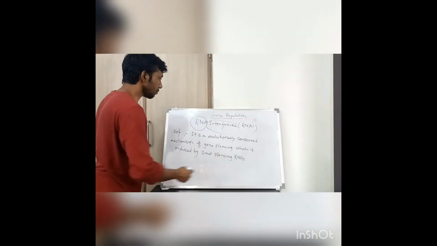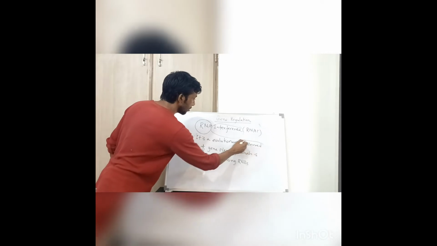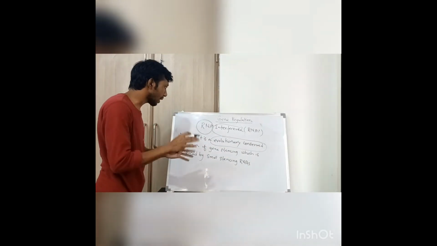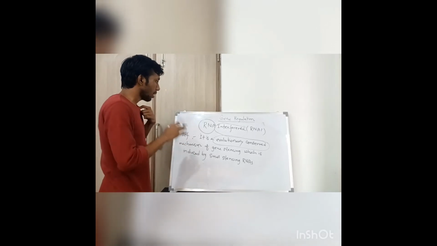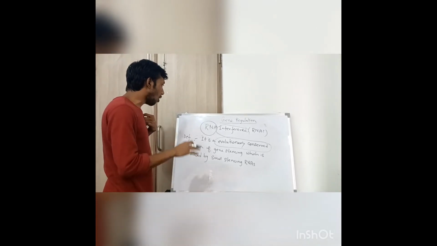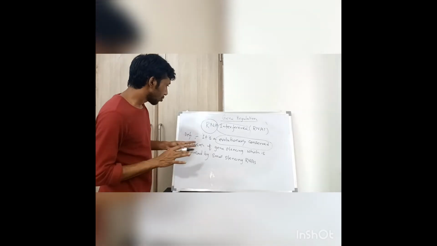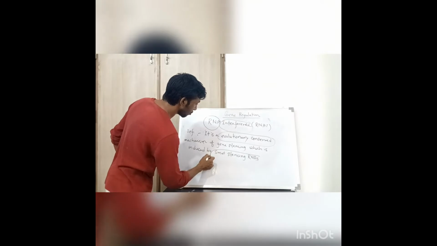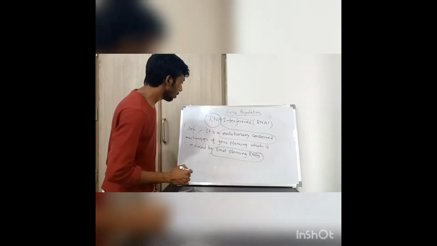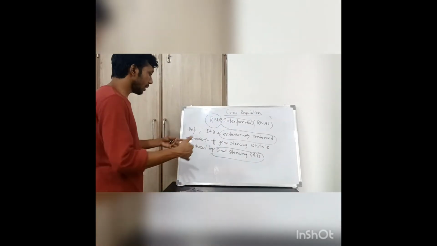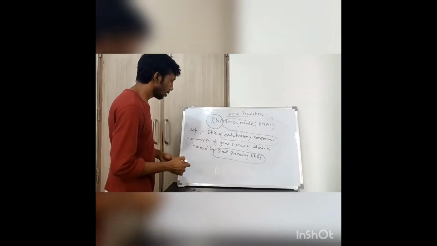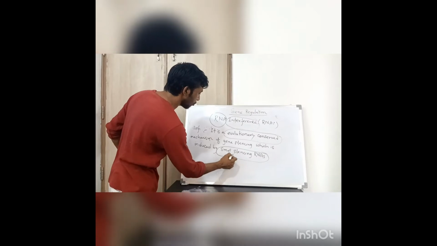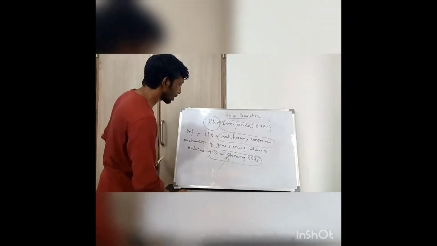Now, evolutionarily conserved means this mechanism is seen from yeast to all higher mammals. So we will now focus on these small silencing RNAs.